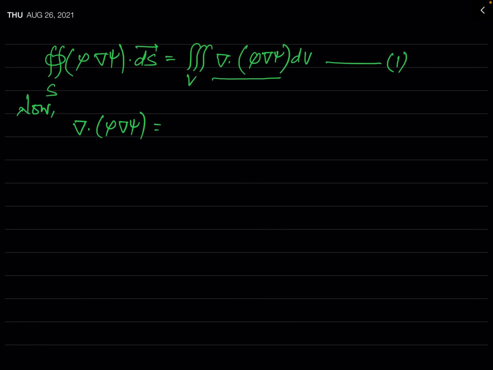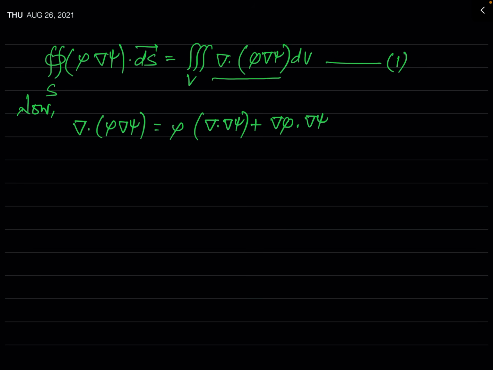You have actually studied such a vector identity in the differential part of vector analysis, and you know del dot phi del psi may be written as phi del dot del psi plus del phi dot del psi.